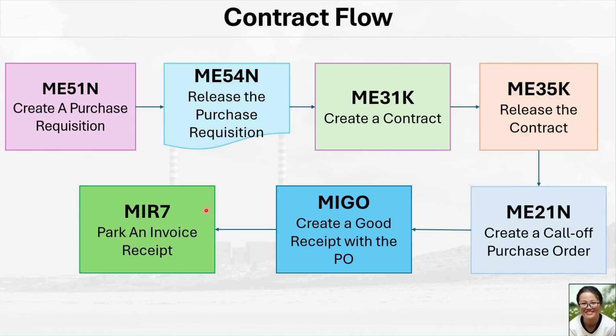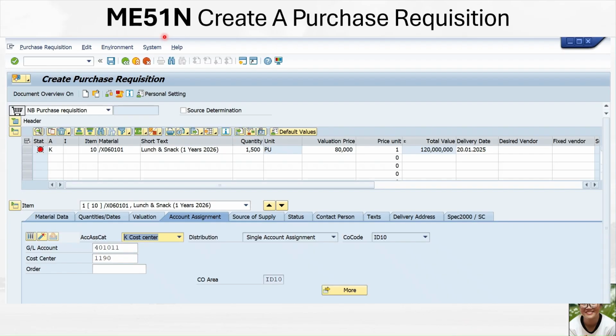Next slide, I will show you in detail how to create a purchase requisition with ME51N. Firstly, on the first step of the contract flow, we need to create a purchase requisition with ME51N. As you can see, this is the screen of ME51N. For requisition type, I create an NB purchase requisition, and we enter the requirement information.